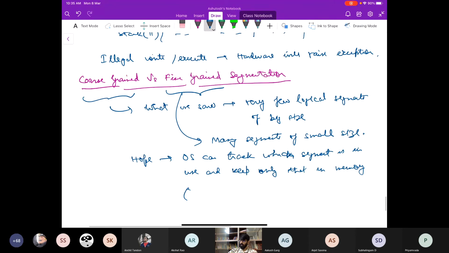So the hope is that this will give more flexibility to the OS in terms of memory management. This is just one more approach, but I'm not going to go into detail. Just for you to know that this is not the only way to segment a process's address space. There can be more ways where there are many segments. Okay, so cool.